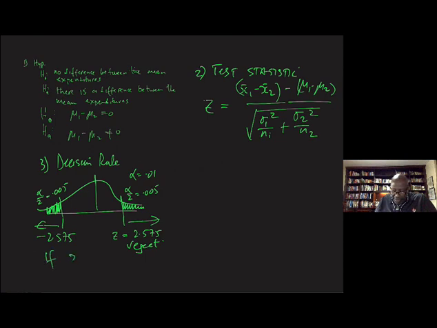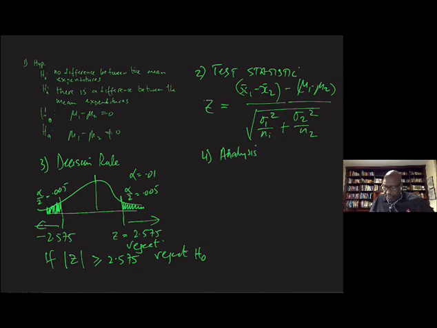So if the absolute value of z, just in case it could be a negative value, is greater than or equal to 2.575, we will reject H0. The p-value approach is if the p-value is less than alpha, reject H0.